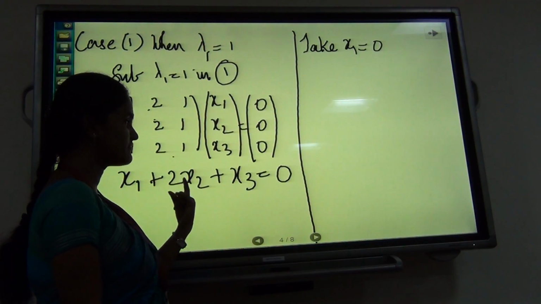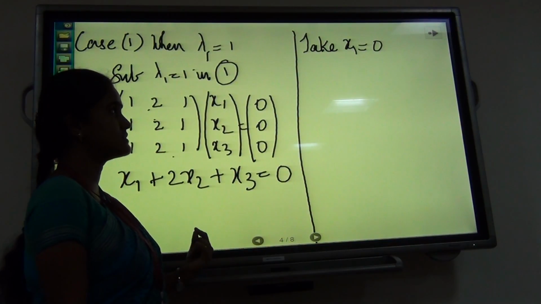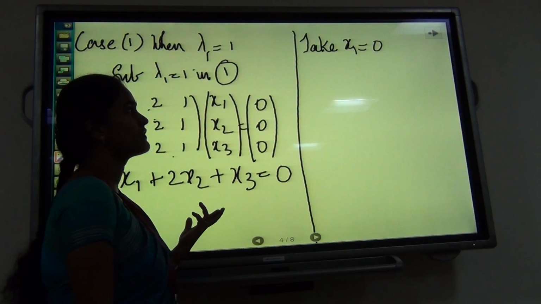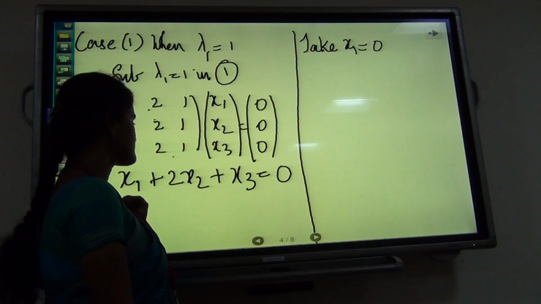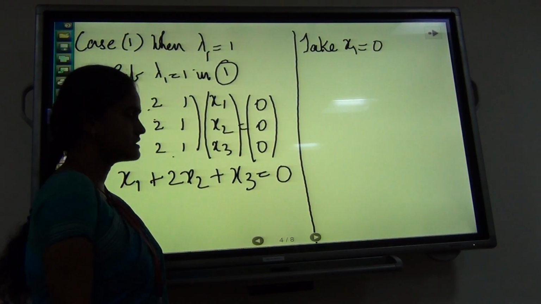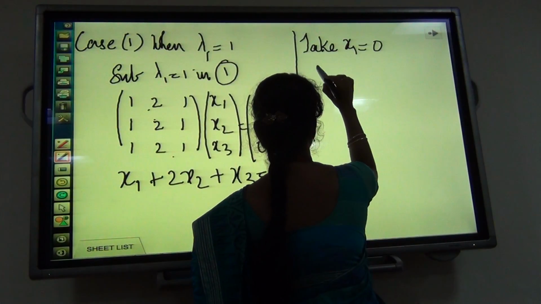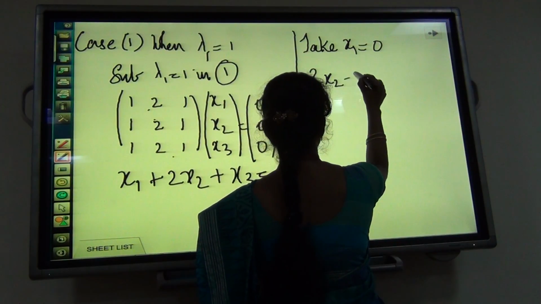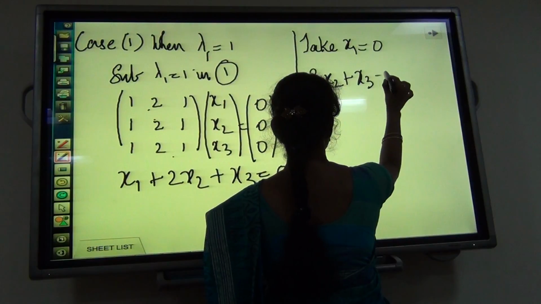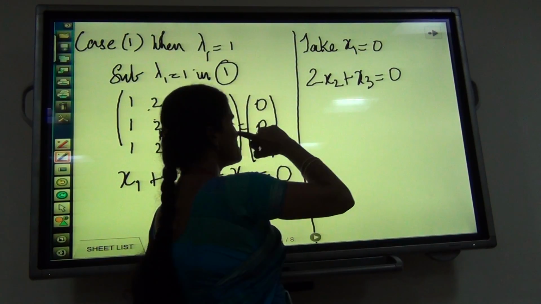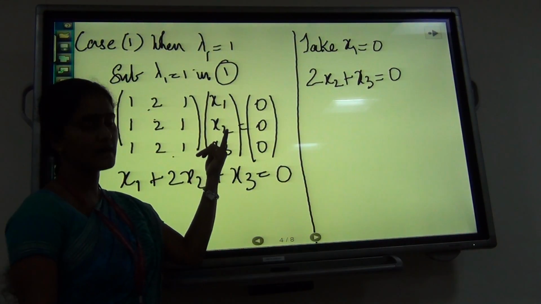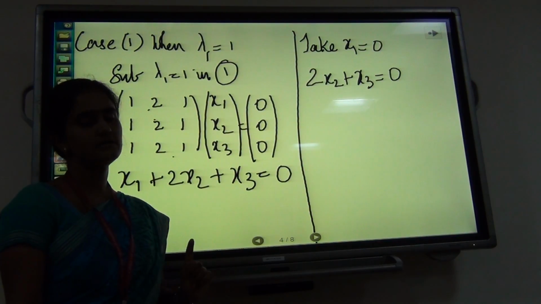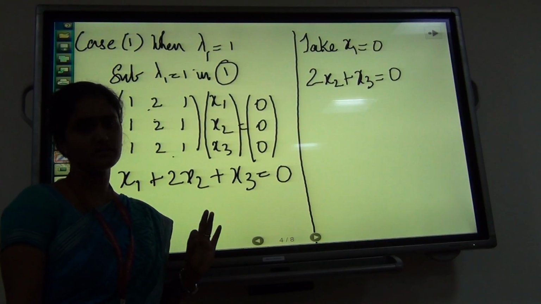Here only one equation has to be solved to get 3 unknowns. So I can randomly take any of x1, x2 or x3 as 0. By making x1 as 0, the equation will be reduced to 2x2 plus x3 is equal to 0. Only by making one variable 0 could I solve this equation, else we cannot solve for 3 variables with only one.